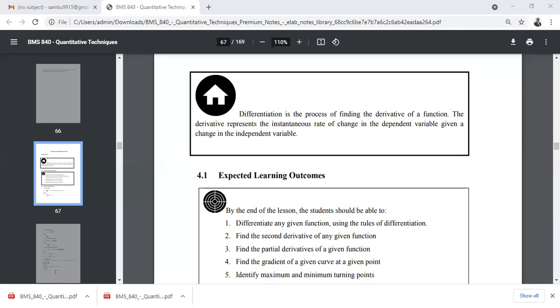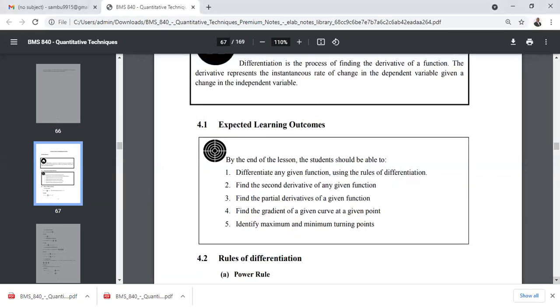So by the end of the lesson, we need to know how to differentiate any given function. We are also supposed to be able to find the second derivative of any function. If you recall, when we were winding up integration, we looked at the applications of integration in business cases.